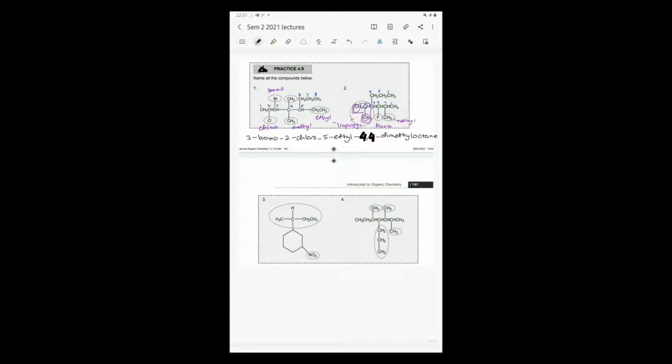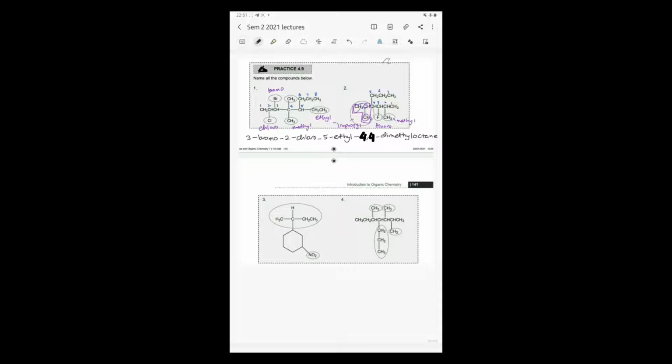So the name of this compound is, okay, alphabetical order, we start with fluoro, and then isopropyl. The I is included in the alphabetical order, sorry. I for isopropyl is included in the naming, in the alphabetical order.